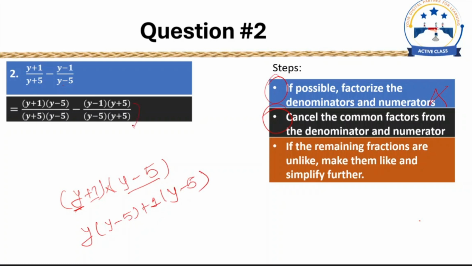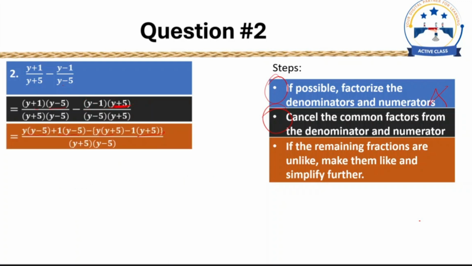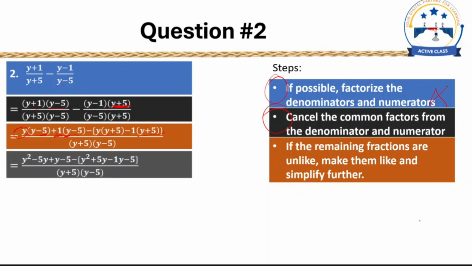Likewise, in the second fraction in the numerator section, I have to multiply this y plus 5 with y once, and then again the same y plus 5 with minus 5. Finally, multiply y and y, right? Y times y is y squared. This y times 5 is 5y. 1 times y is 1y. 1 times 5 is 5. This is how we multiply and we write. I have just multiplied all the things and I've written over here.